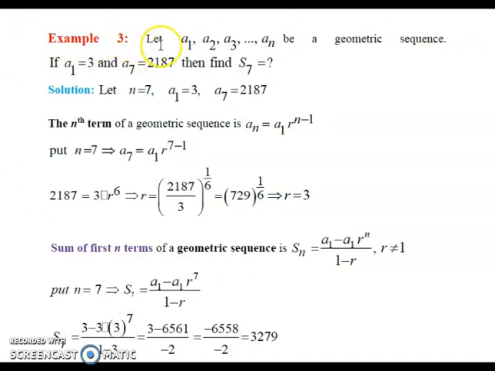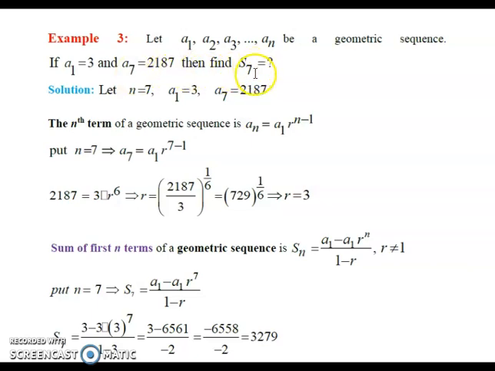Example 3. Let a1, a2, a3 and so on, an be a geometric sequence. If the first term a1 is equal to 3 and the 7th term a7 is 2187, then find S7.